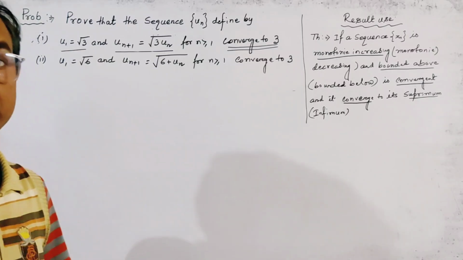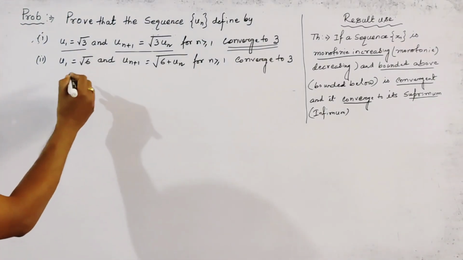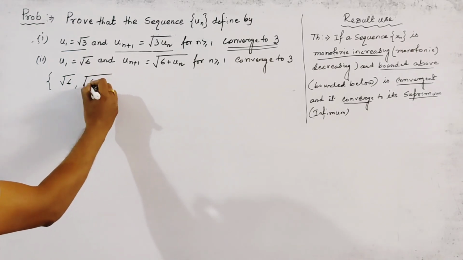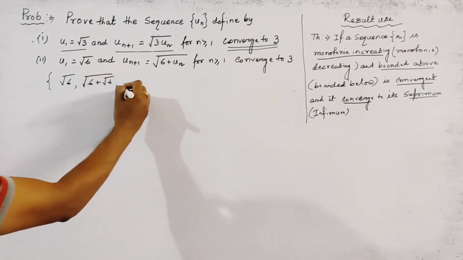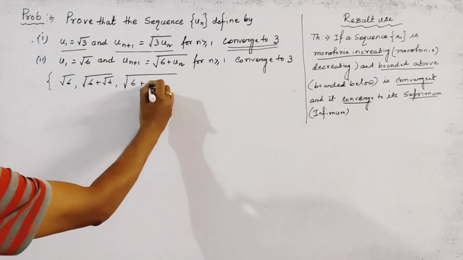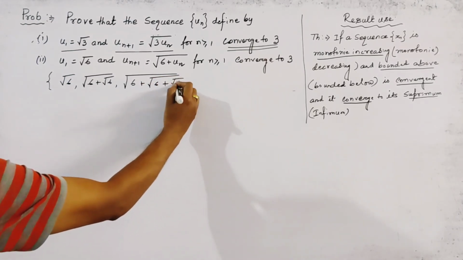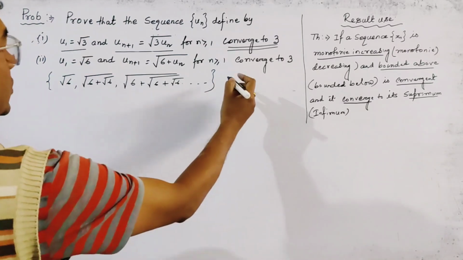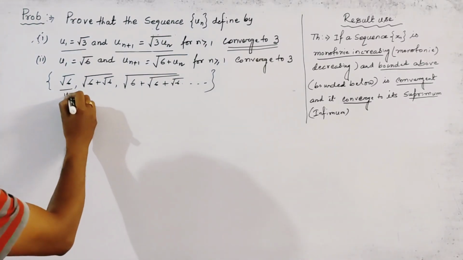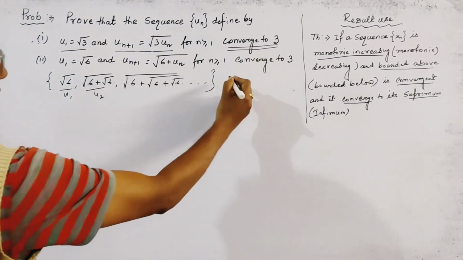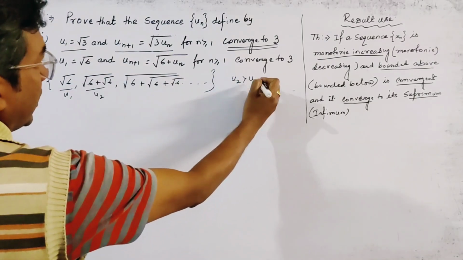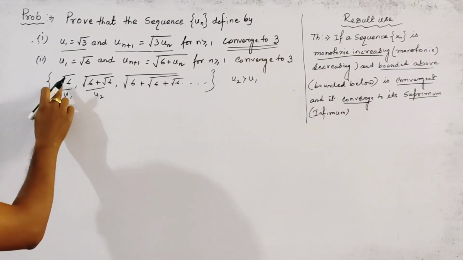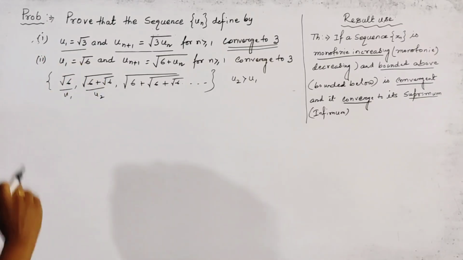For the second part, we may write this sequence is of the form root 6, then 6 plus root 6, and then root 6 plus root 6 plus root 6. For this sequence, this is u1, this is u2, and we may write u2 greater than u1, because u1 is root 6 but u2 is root 6 plus something.